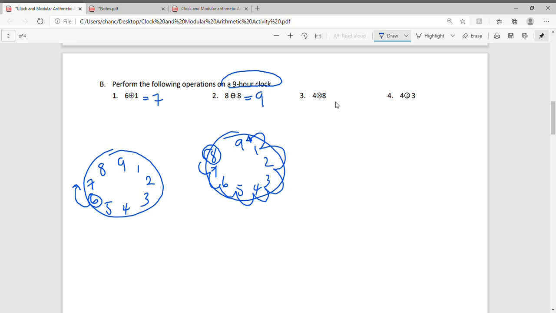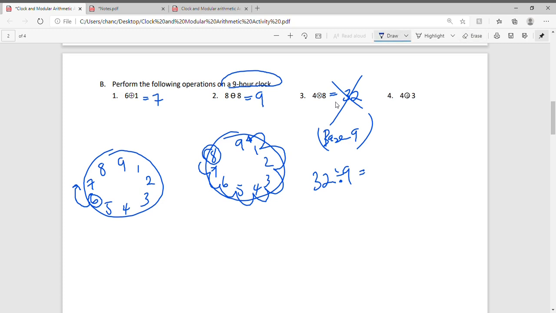What's 4 times 8? Well, remember, 4 times 8 is 32, but that does not exist in a 9-hour clock. Our 9-hour clock is similar to a base 9 system. So what's 32 divided by 9?